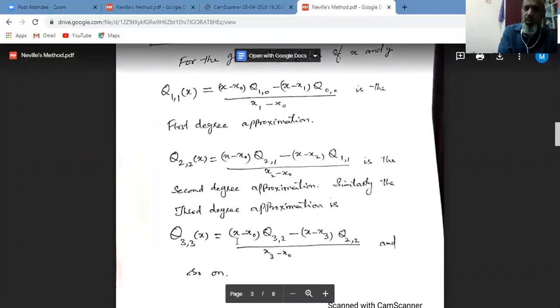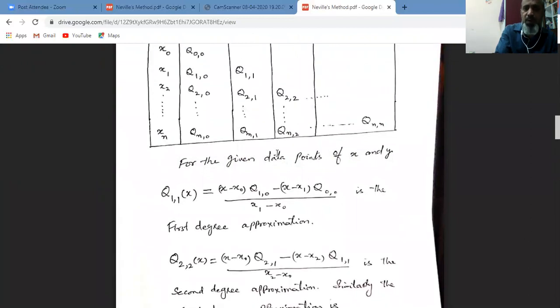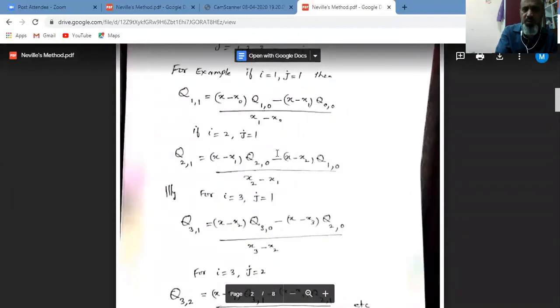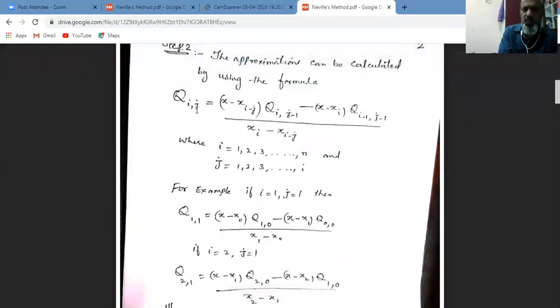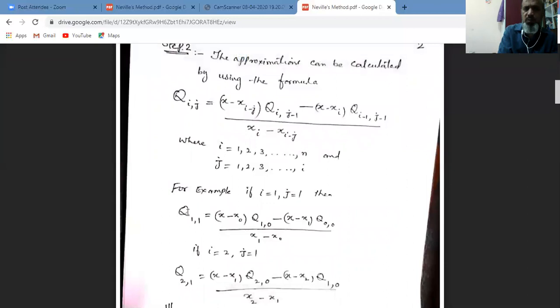So these values are obtained by substituting in the formula q i,j, which we wrote in the second step. In this formula, if we substitute i equal to 1, j equal to 1, we get the polynomial q1,1(x), which is called the first degree approximation.